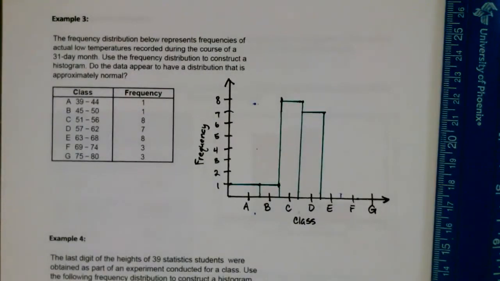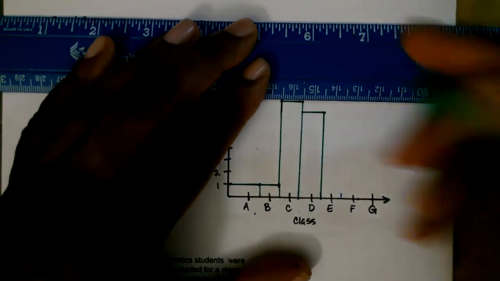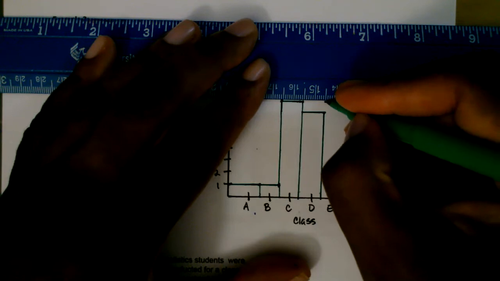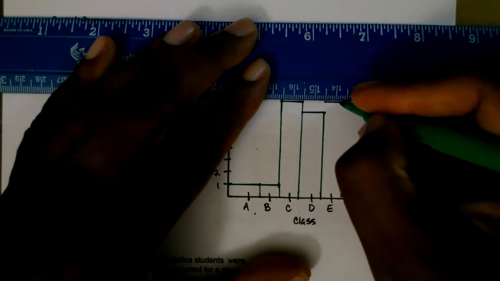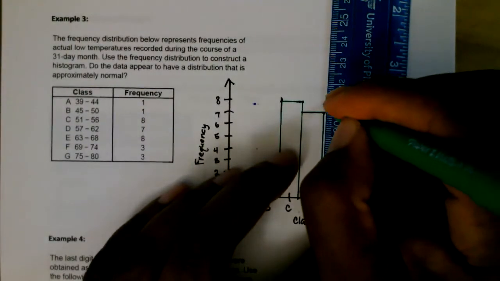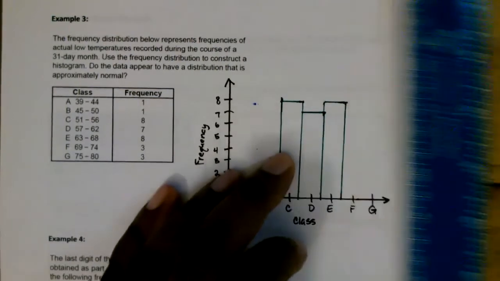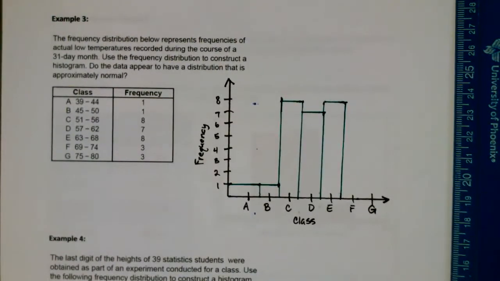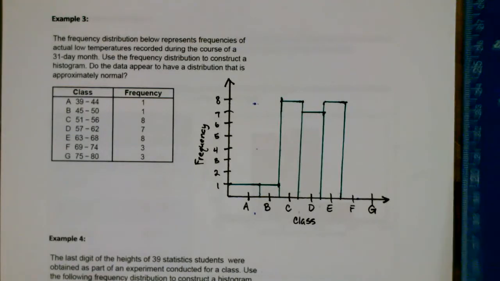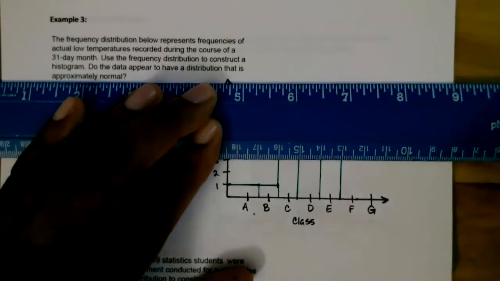And then for E, class E is also 8, which will have the same height as C. Okay. And then for F, the frequency is 3, so the height of the bar is going to be at 3.